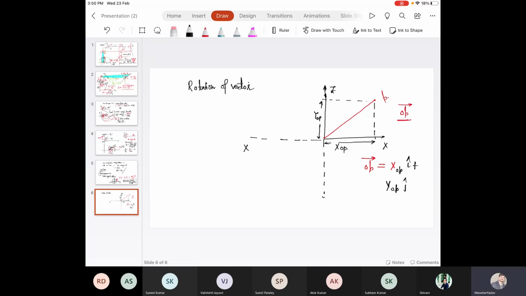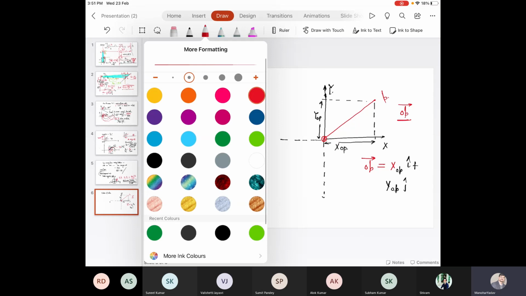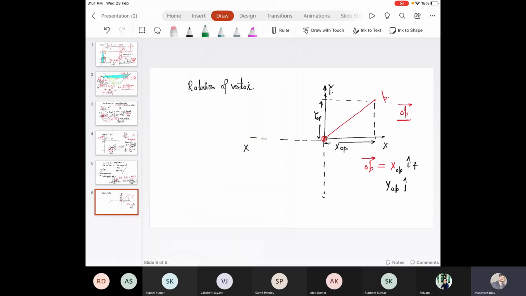Now let's say this coordinate system changes by rotating. We consider it a right-handed coordinate system, so the z-axis is considered as coming out of the page. If you use the right-hand thumb rule, your thumb indicates the upward direction and it gives us the z-axis direction.